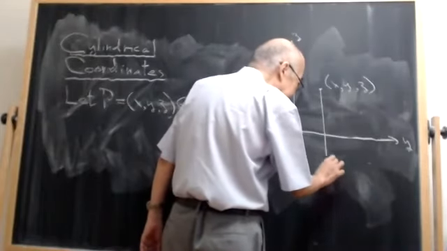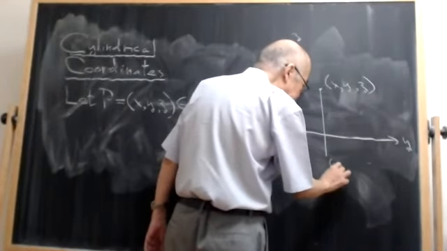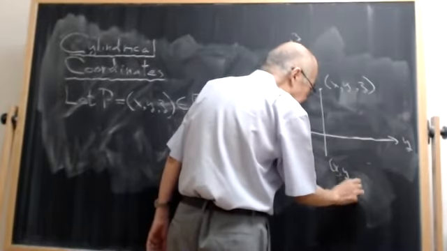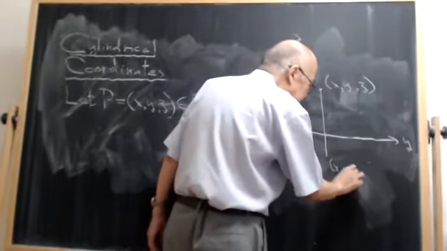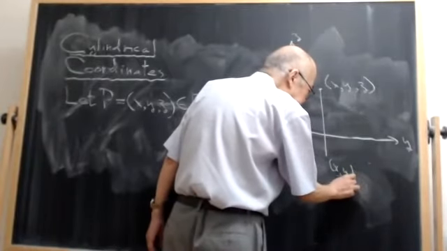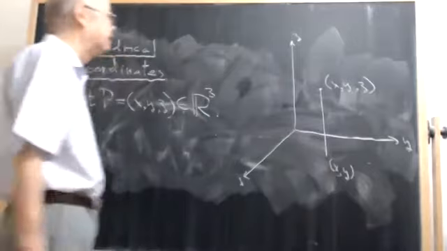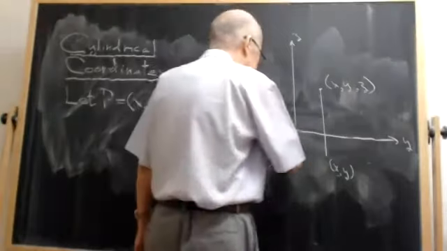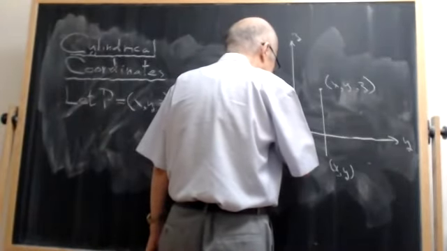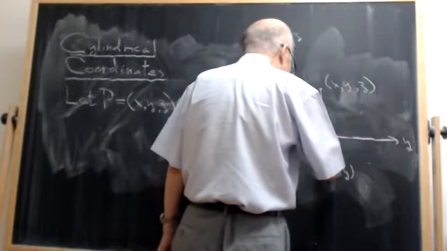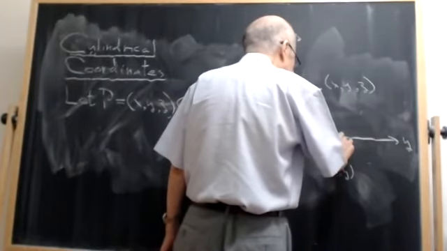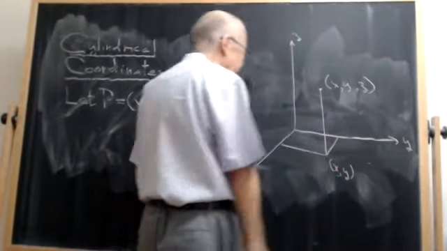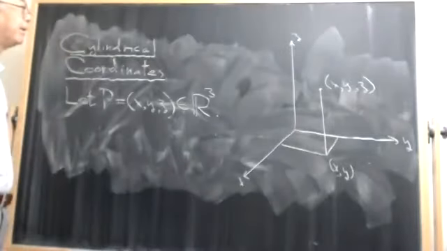This is X and Y, or XY0, but I'm not going to be pedantic enough to write down 0 as well. So this is the X coordinate, and this is the Y coordinate.